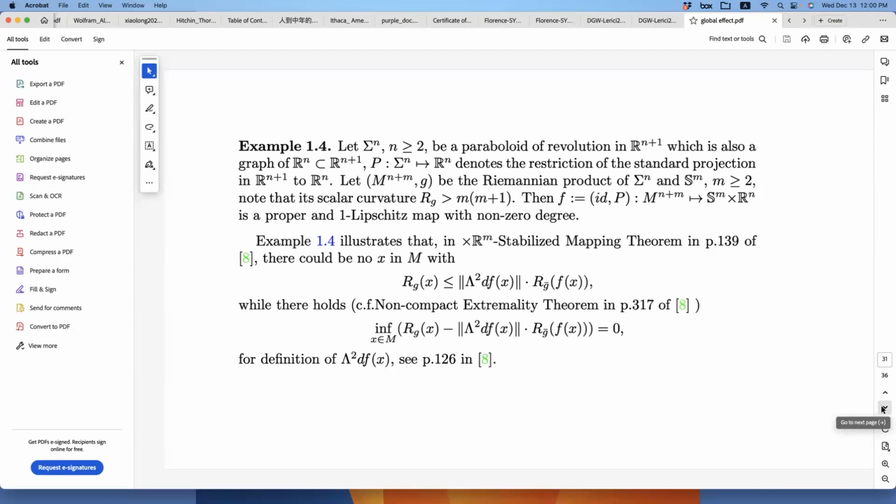And this map f, whose first component is the identity map and the second part is the projection, is a proper 1-Lipschitz map with non-zero degree. So that means the Llarull type theorem is also not true. This example illustrates that the times-R^m stabilized mapping theorems of Professor Gromov cannot be pointwise. We only have these ones.